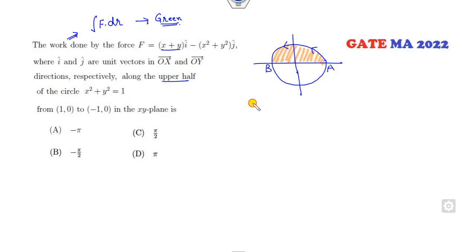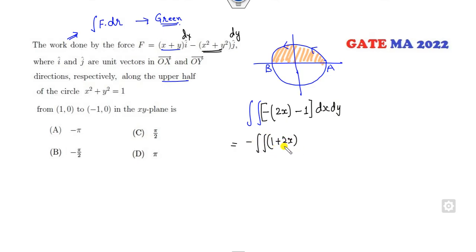Then by using Green's theorem, I can differentiate this with respect to x, because this j means it's a dy, and this means it's a dx. So partial with respect to x, it's minus 2x, minus the partial derivative with respect to y, it's 1, into dx dy. So I can take minus as common: 1 plus 2x dx dy.